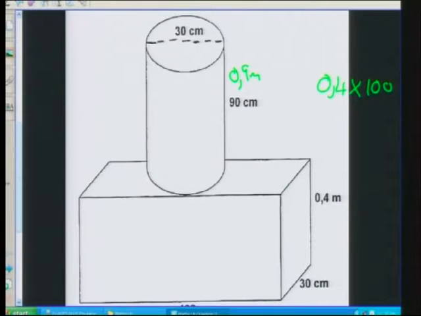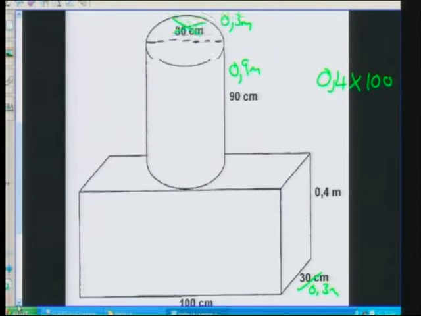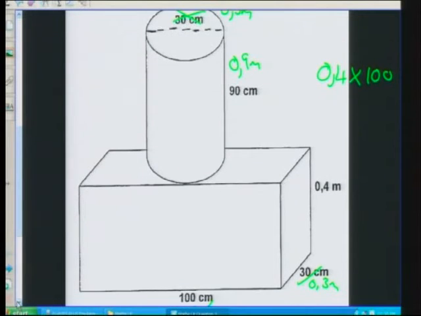Because there are 100 centimeters in a meter, and if I divide by 100, I get 0.9. This one is 0.3 meters. The length, instead of being 100 centimeters, is 1 meter.